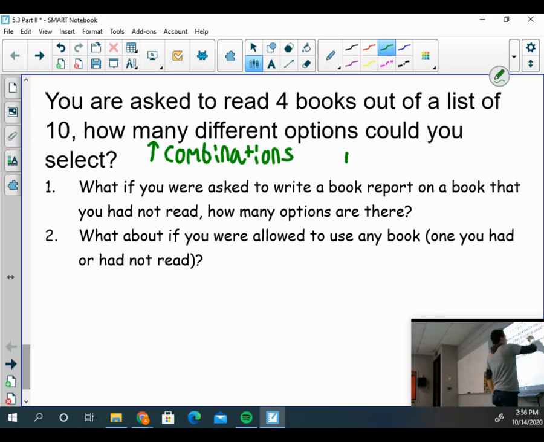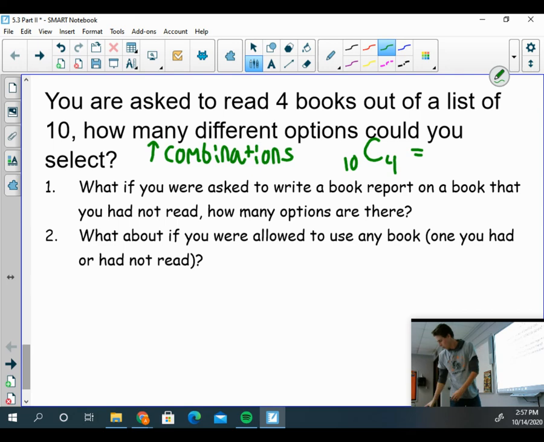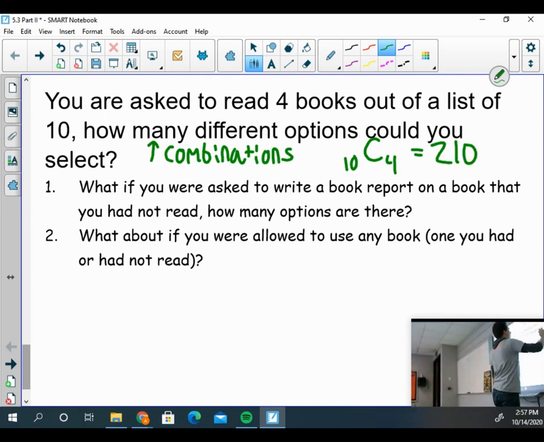If I do 10C4, there are 10 books, and I'm selecting 4 of them, there would be a total of 210 different combinations of books that I could read. Picking 4 books out of a list of 10 where the order doesn't matter, there are 210 different combinations.